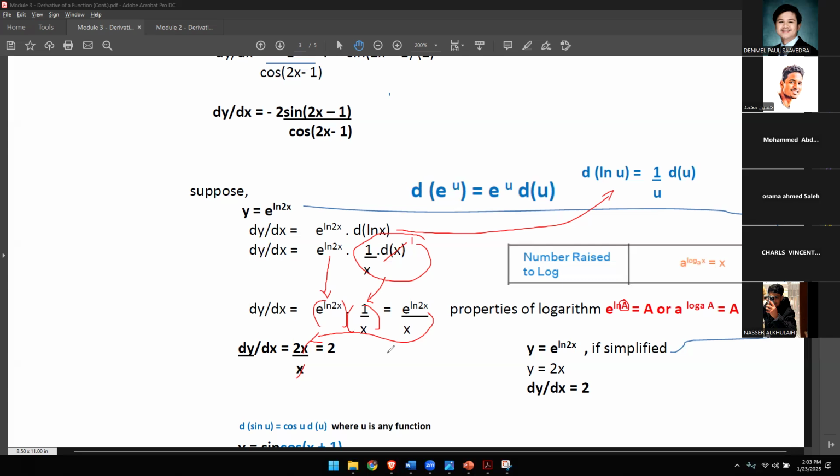So I would like you guys to study. Of course, we only have 1 or 2 examples per topic, so I would like you to search more on the internet, let's say 3 examples per topic, so that you would understand more about that specific topic or about that formula.